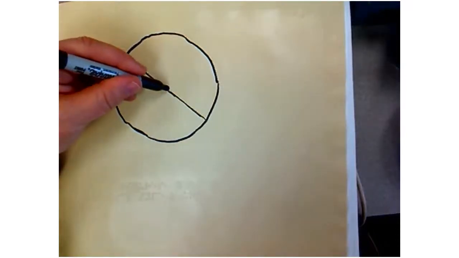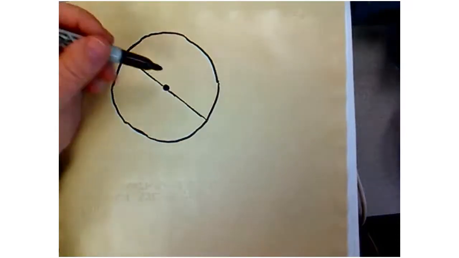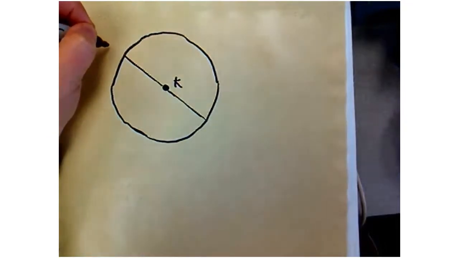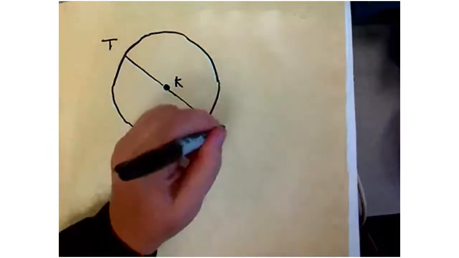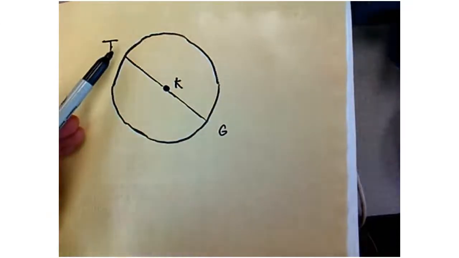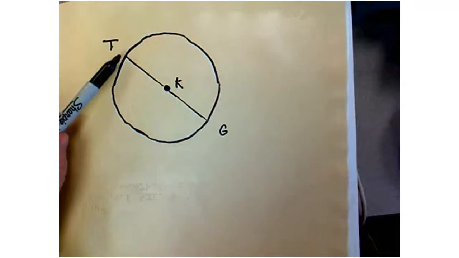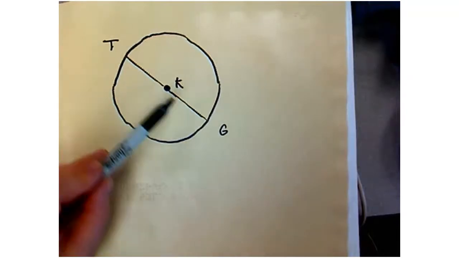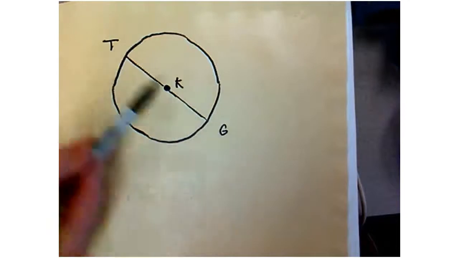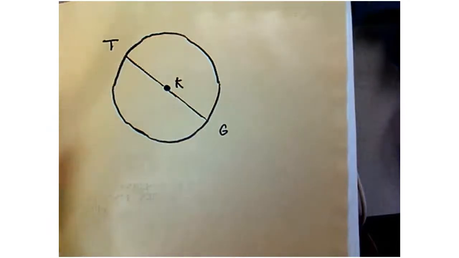But it's a special chord in that it goes through the center. So notice there's a diameter going from about 10 o'clock, which is at point T, to about 4 o'clock, point G, and it's going right through the center K. That's a diameter. From K to T is a radius. From K to G is a radius. All together, from T to G or GT, is this special chord called a diameter.